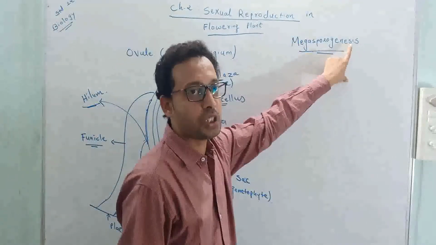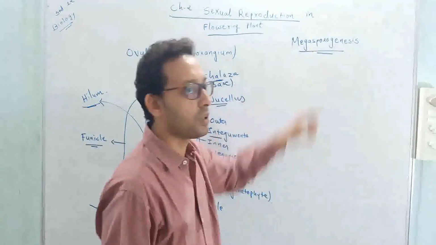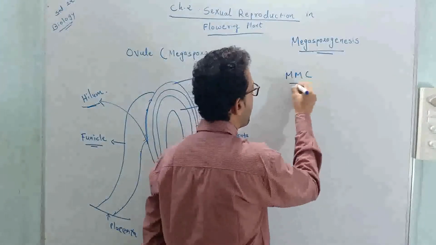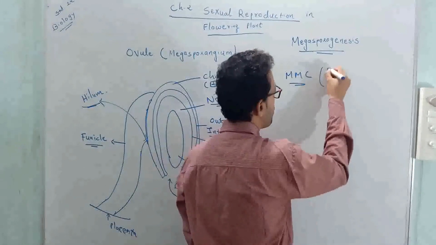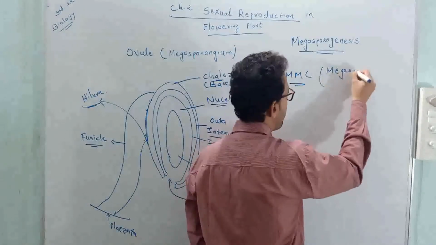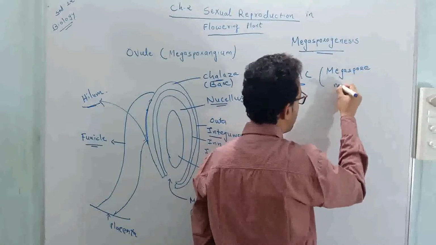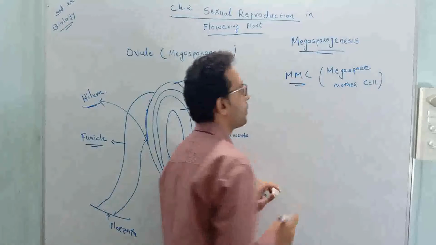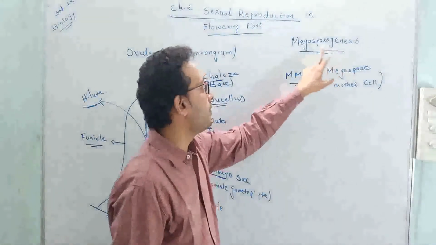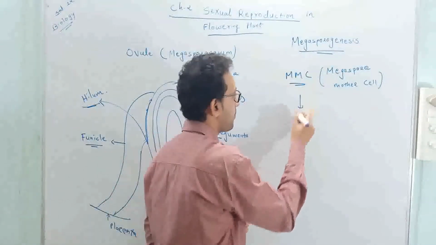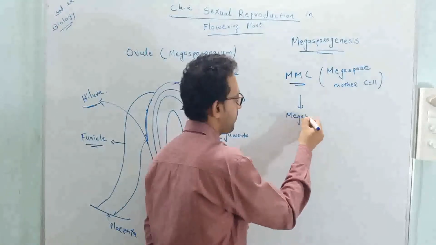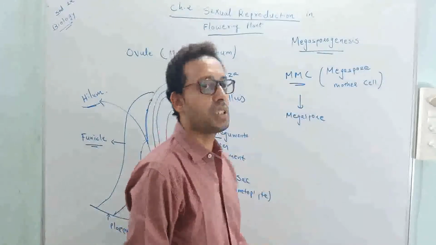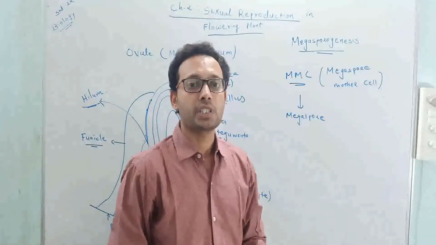It is a process of formation of megaspores from the megaspore mother cell, shortly called MMC. This process is called megasporogenesis.